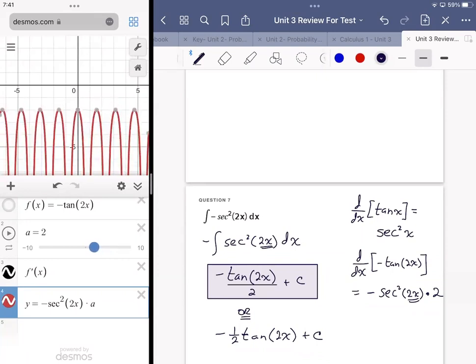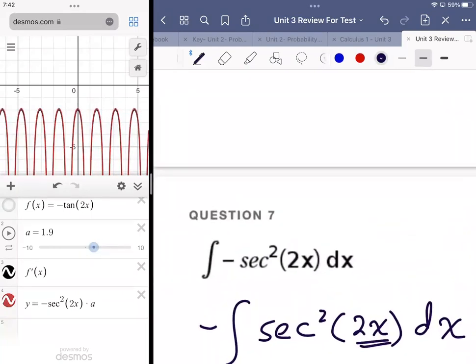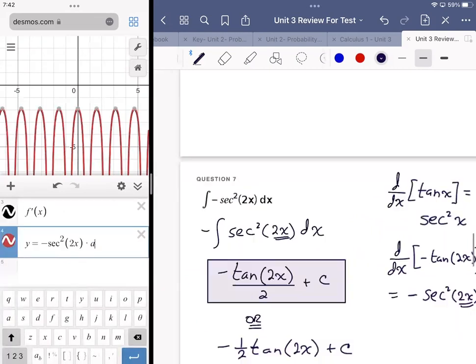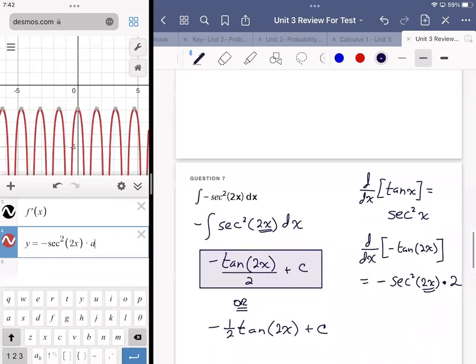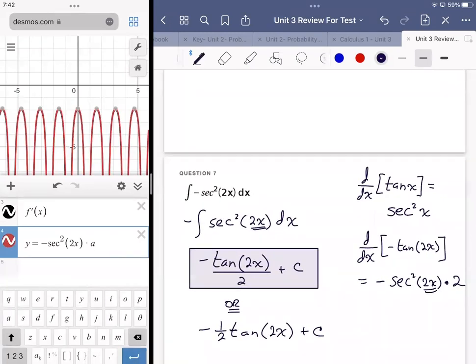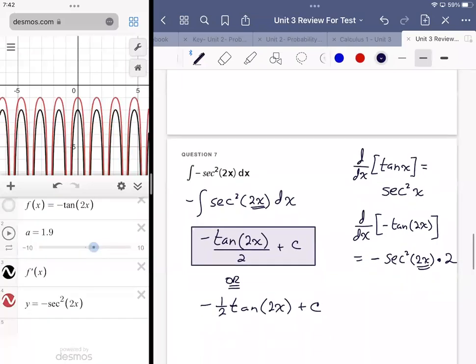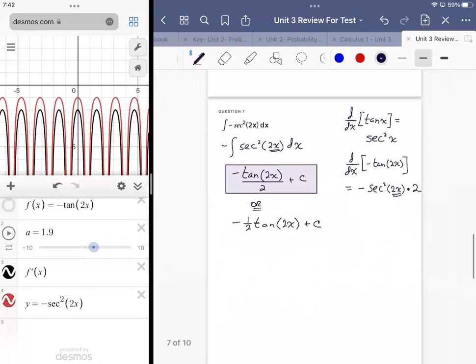The match happens when the value is equal to 2. So that tells me that I needed to have a 2 in my integral in order for my suspected antiderivative to be correct. That multiplier had to be a 2, so you would correct for that by dividing by a 2. Could also have done it with the way I started doing it, but either way.